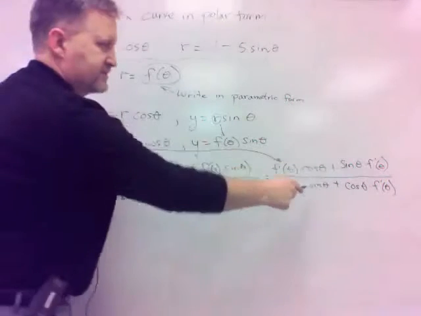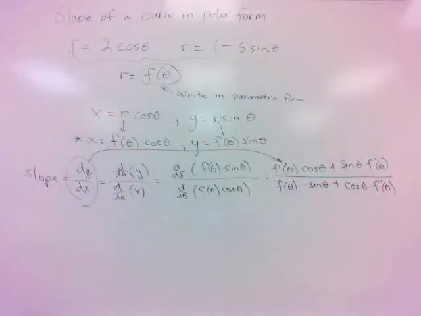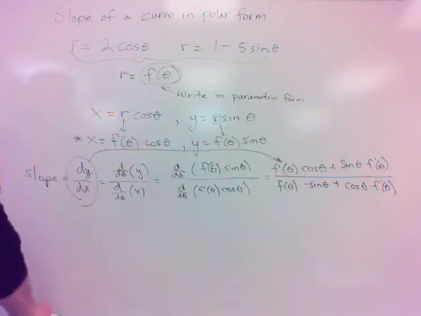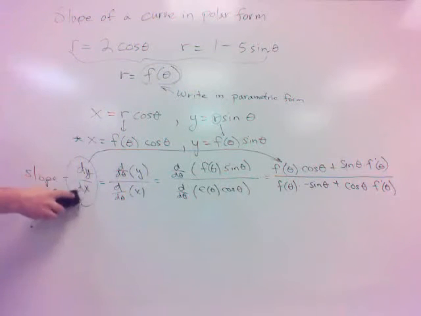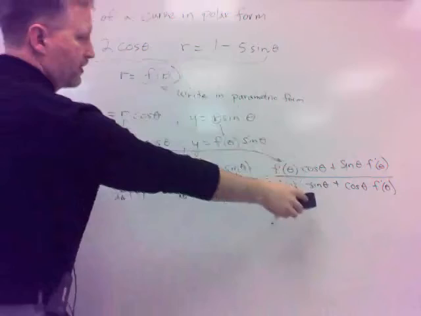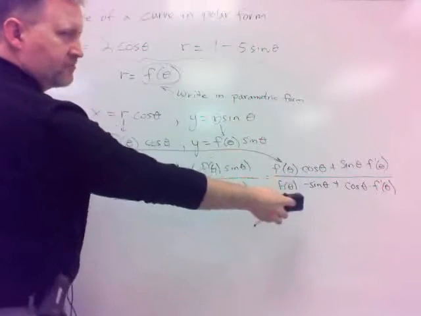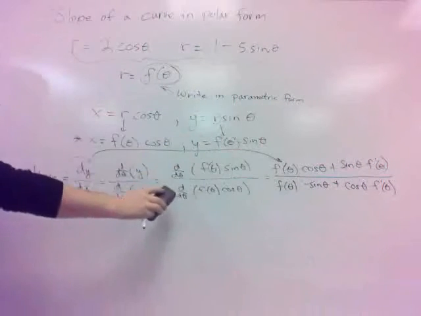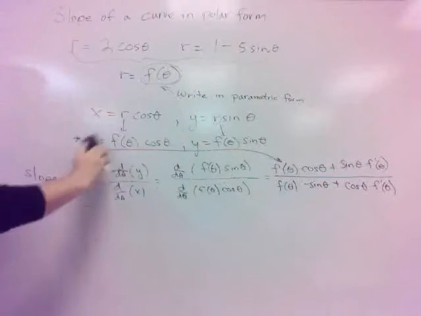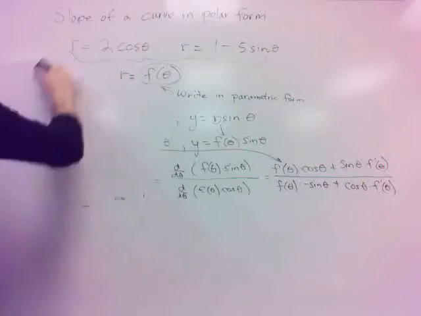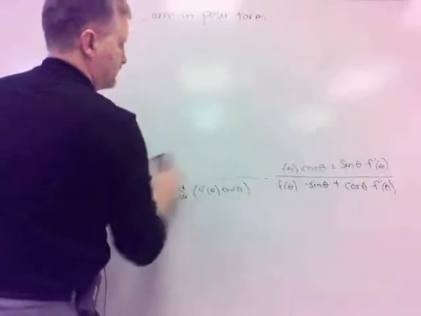I don't try to memorize that. That would be tough, for me anyway. Okay? For example, is this all right? So dy/dx for a polar curve is this, but let's not memorize this. Let's just remember that we change it to x and y equations and then do the derivative off of that.